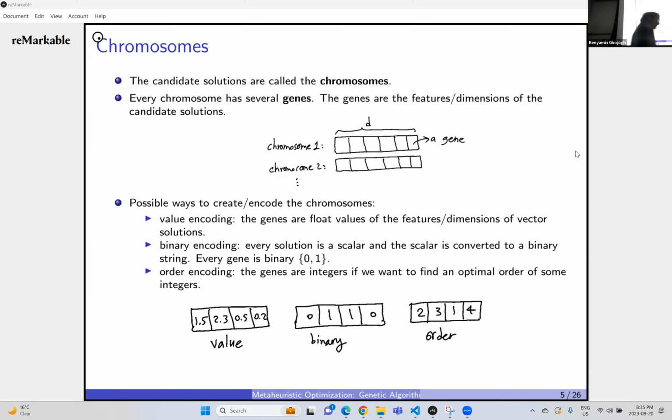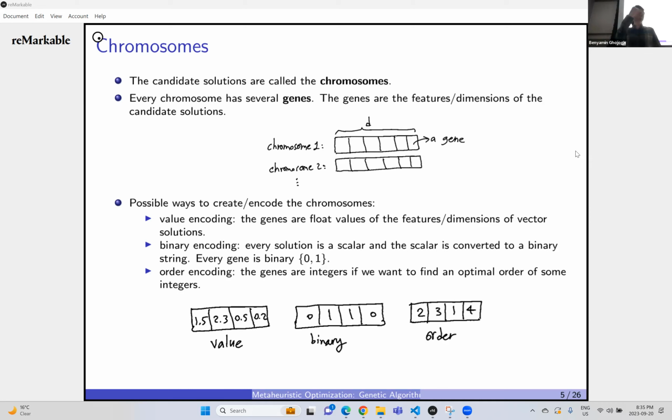You can call them anything. In different algorithms, it's the same thing with different names. For example, in particle swarm optimization, they name them particles, right? Maybe in the gray wolf optimizer, they name them gray wolves. In the genetic algorithm, they name the candidate solutions chromosomes.